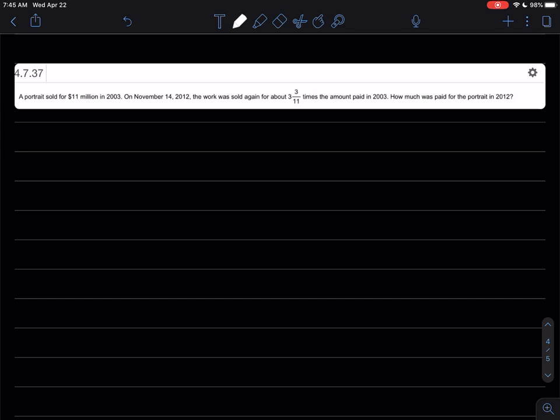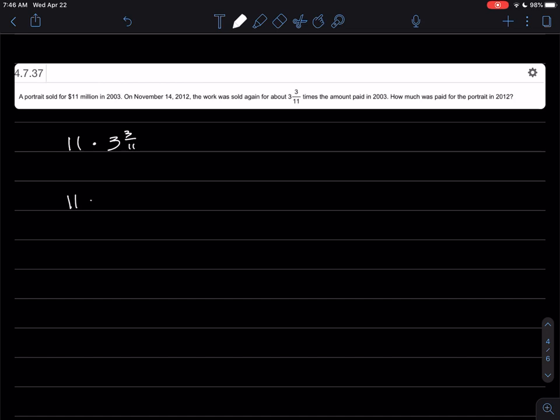So it originally sold for 11 million, and then it sold for about 3 3/11 times that. This will give us the amount the portrait was sold for in 2012.